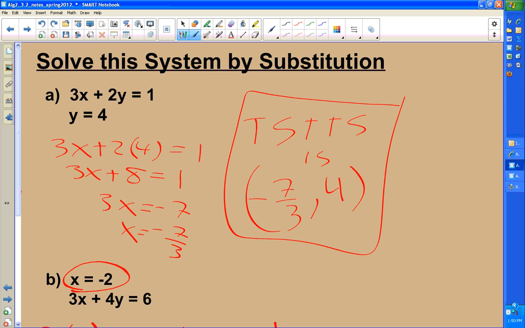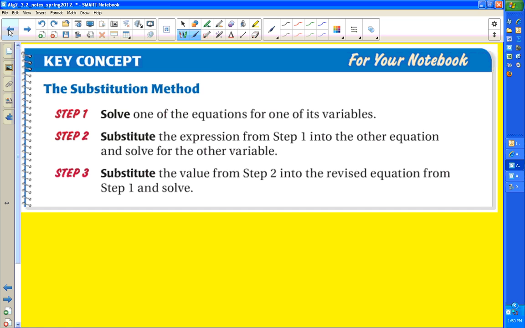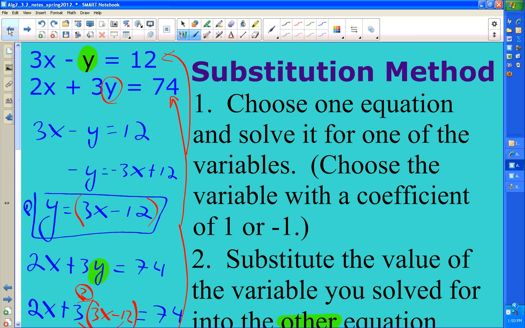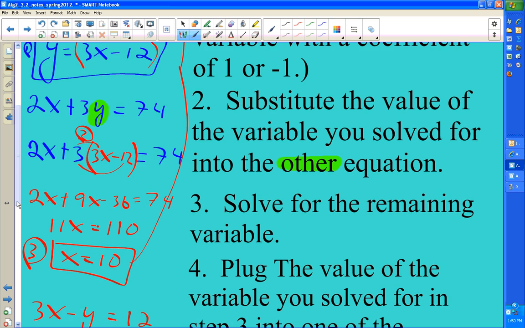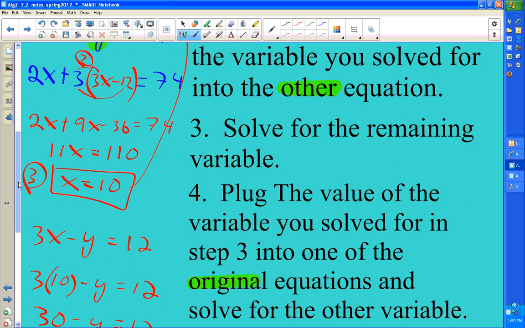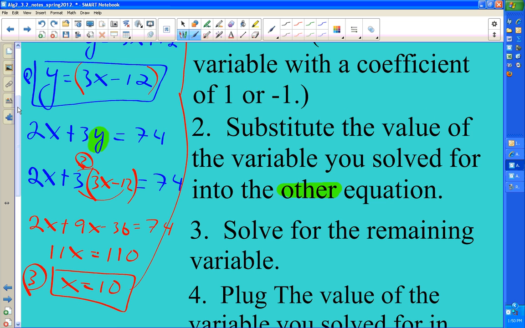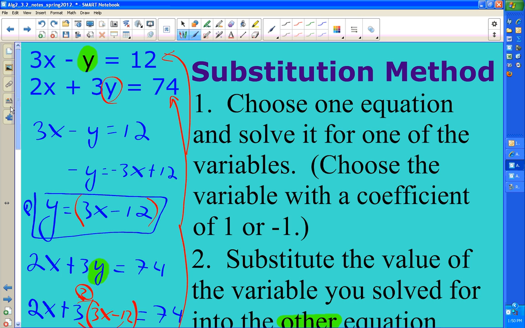In the first example that I gave you here, remember, we found x by using this equation right here. And we solved this equation for y. And then we substituted it into this equation.